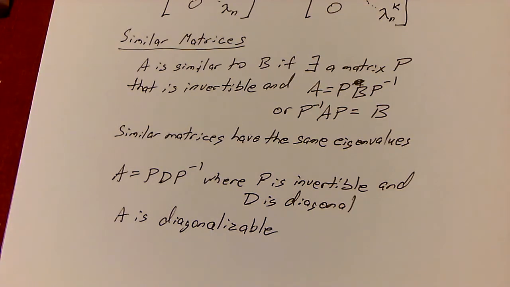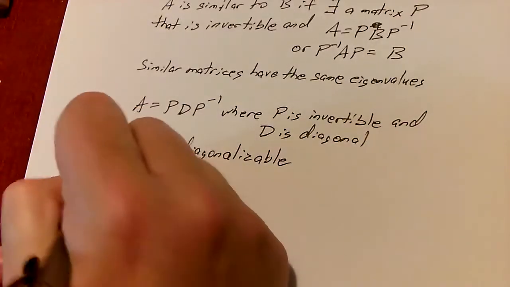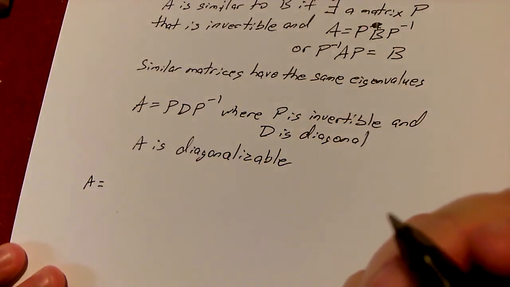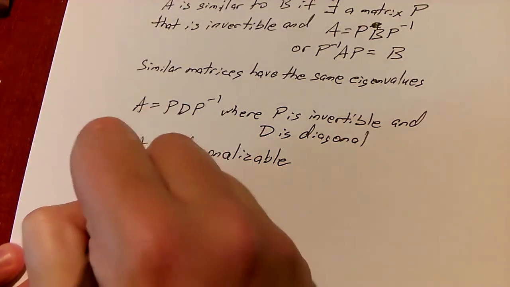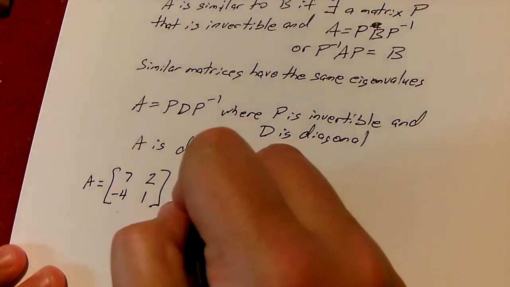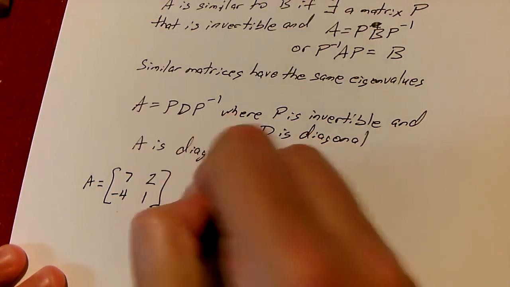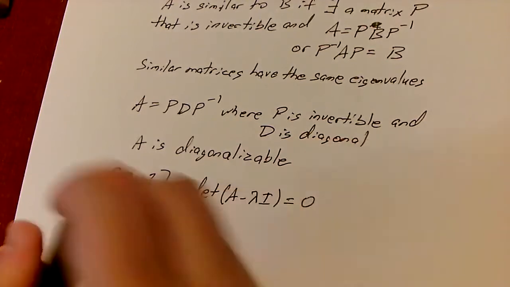Now, let's look at a matrix here. So a matrix A. My matrix A is 7, 2, -4, and 1. I know I can find the eigenvalues of this matrix. I would take the determinant of A minus lambda I and set it equal to 0.